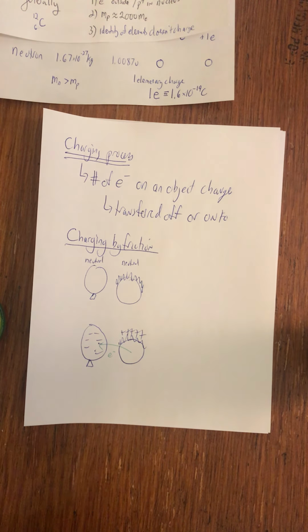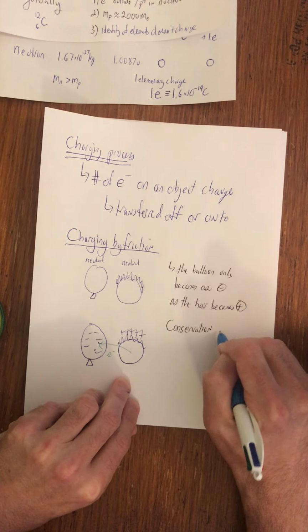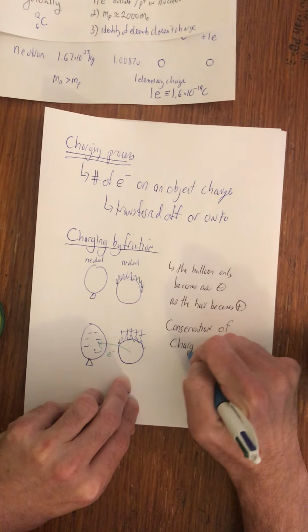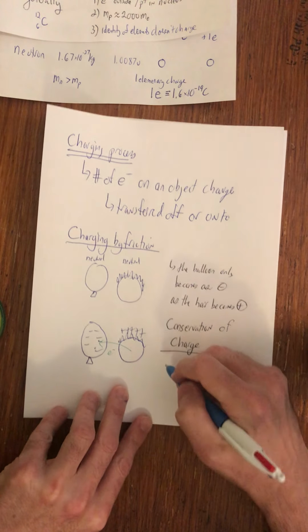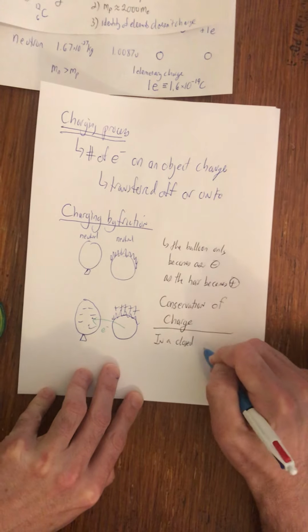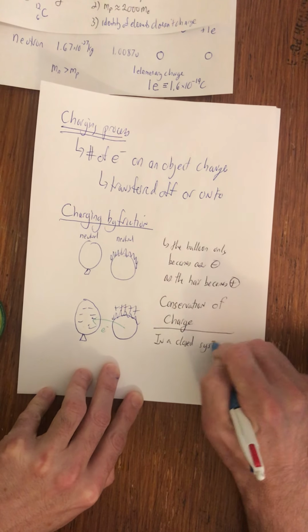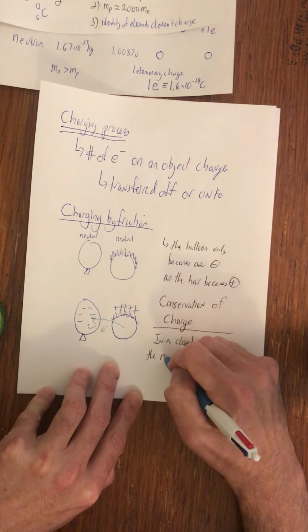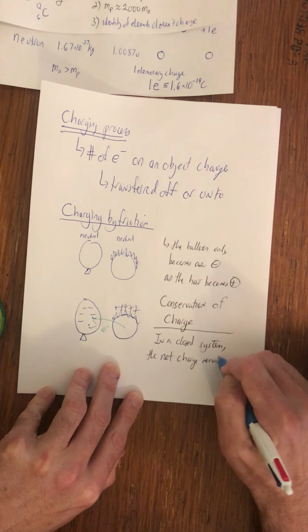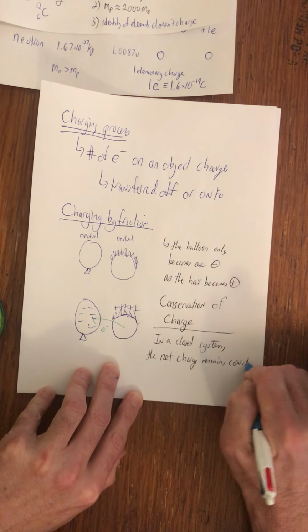So what does that remind you of? Well, hopefully it reminds you of the notion of a conservation law. And here we're going to have a conservation of charge. And that's going to say, in a closed system, the net charge remains constant.